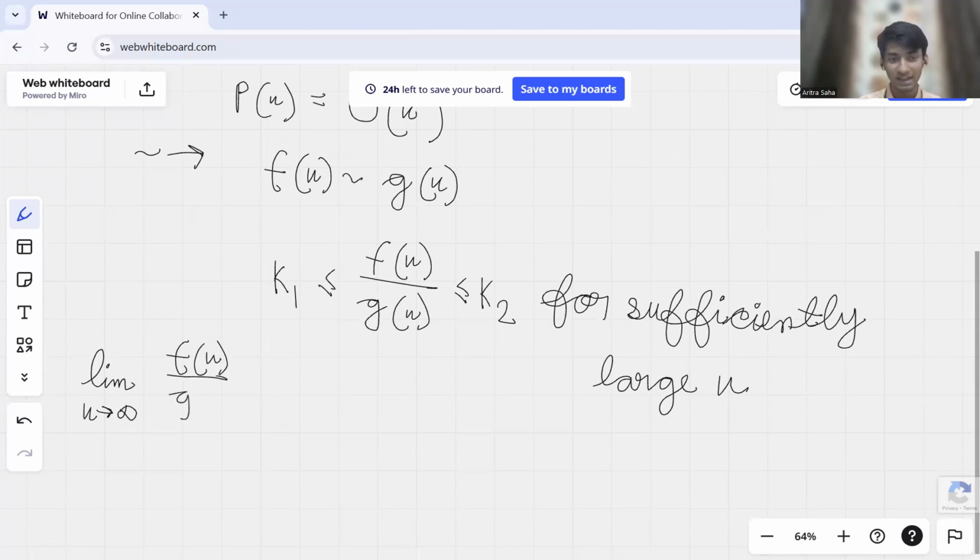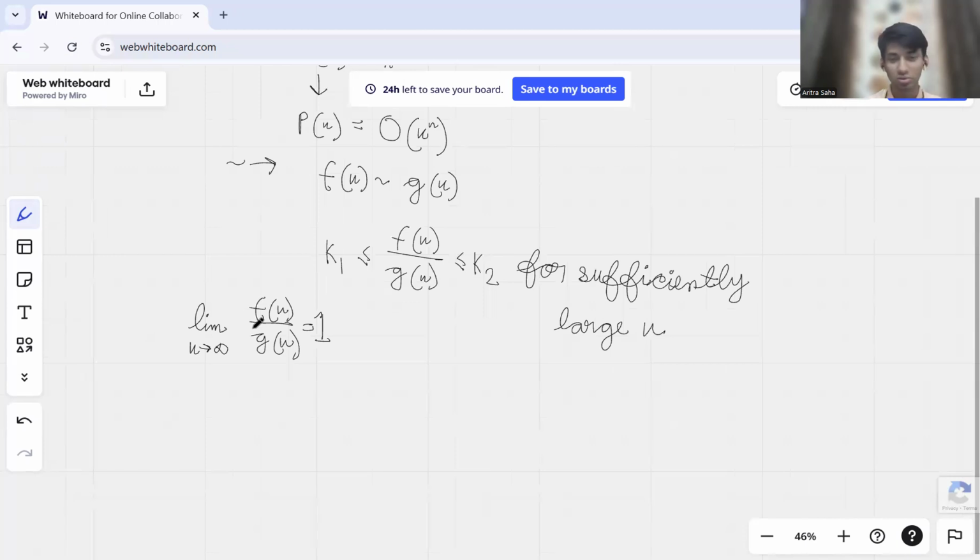So basically they approach the same value when it goes to infinity. You can use both, but if you use this, you have to be a little more careful, because not only is the growth rate the same, it also hits the same value at infinity.